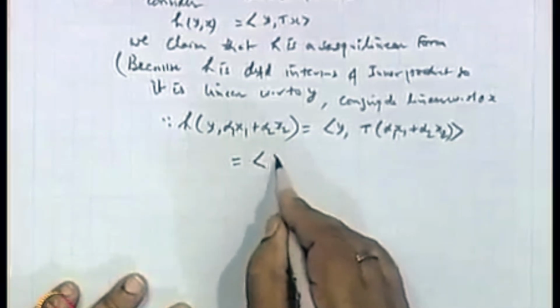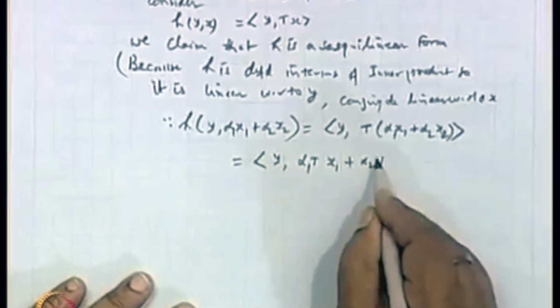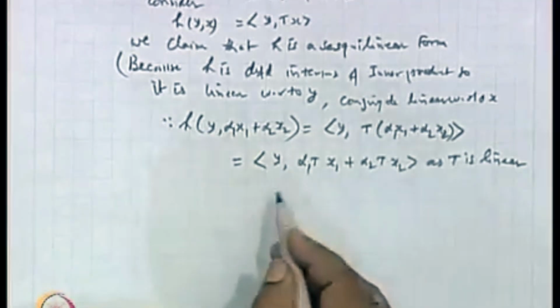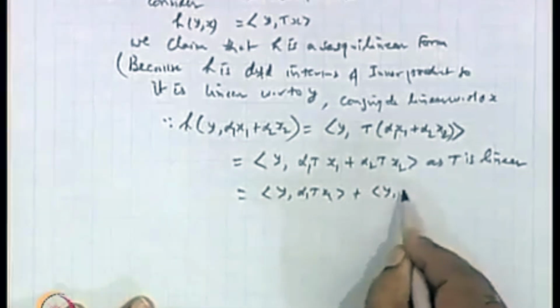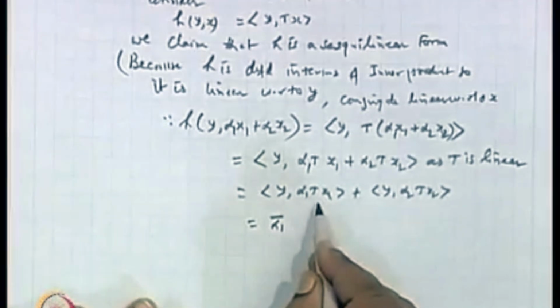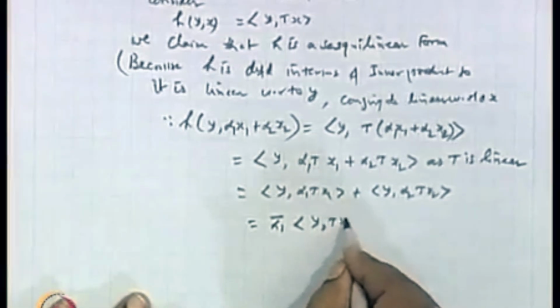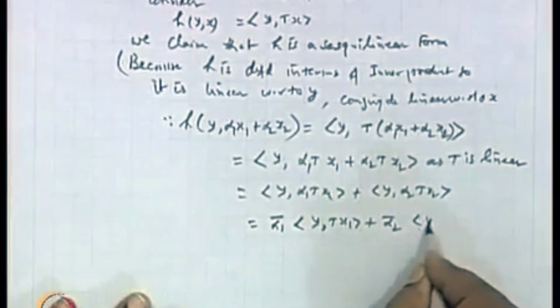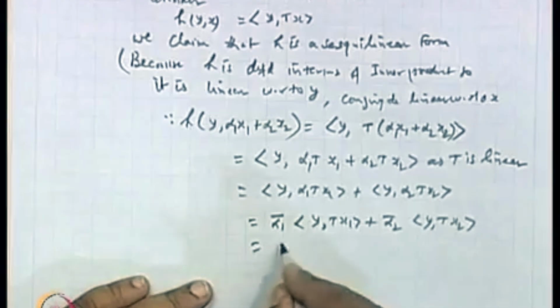T is linear, so we can write this as ⟨y, alpha 1 Tx1 + alpha 2 Tx2⟩. Is it okay? Now this can be written as ⟨y, alpha 1 Tx1⟩ + ⟨y, alpha 2 Tx2⟩, and this can be written as alpha 1 conjugate ⟨y, Tx1⟩ plus alpha 2 conjugate ⟨y, Tx2⟩, because alpha can be taken outside the inner product as a conjugate.